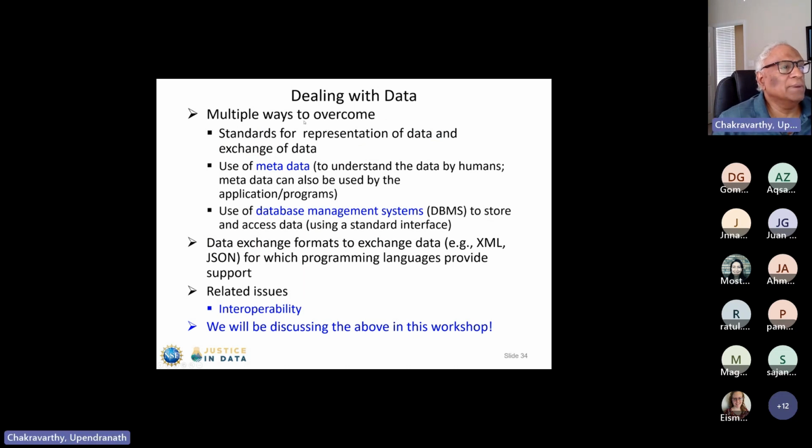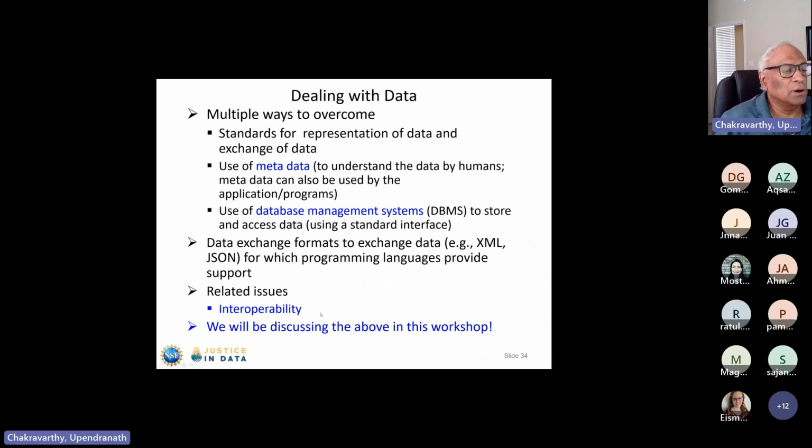So dealing with data, there are multiple ways to overcome this: standards for representation and exchange of data, and use of metadata, which we'll also see later. Use of database management systems, we'll see on Wednesday. There have been a number of data exchange formats, such as XML that you might be familiar with, or JSON, for which programming language support is available.